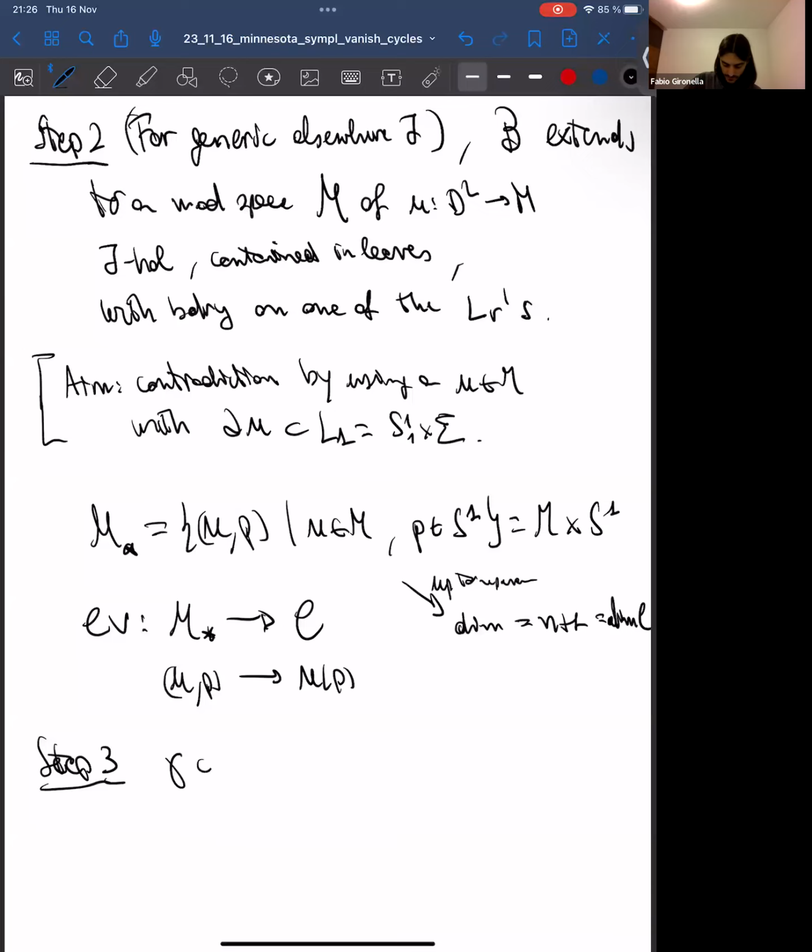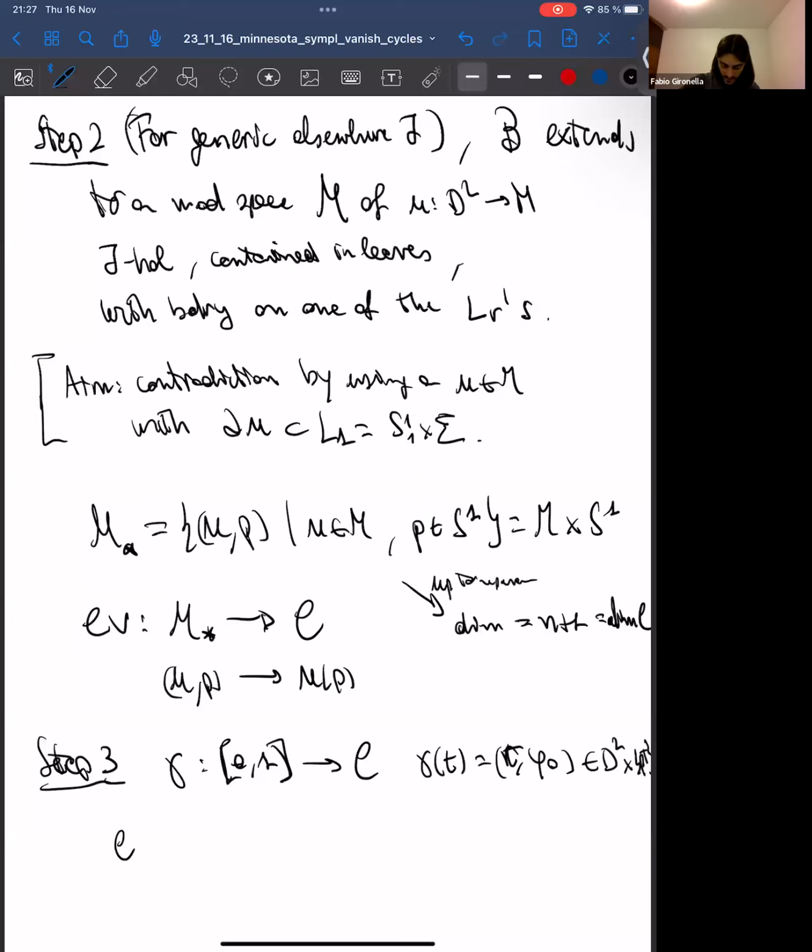We take a curve, like an arc, sorry, a map from [0,1] to the vanishing cycle, which essentially is just inside the disk times a point. So it's basically just an arc going from the center of the core to the boundary of the vanishing cycle. And now what we want is, thanks to this, to extract a one-dimensional subset of the moduli space.